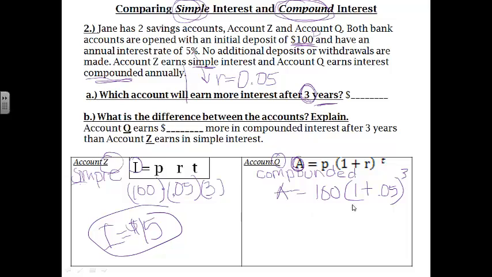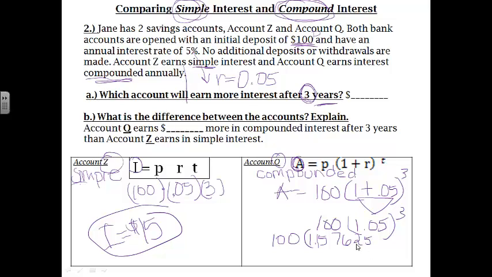Okay? So now, order of operations, I got to do this first. So this would be 1.05 to the 3rd power, and then times 100. Make sure you do the steps that we just did with compound. So this would be 1.05 times 1.05 times 1.05, and I get a really long number. So I have 100 times this really long number that I just did in my calculator, 1.157625.